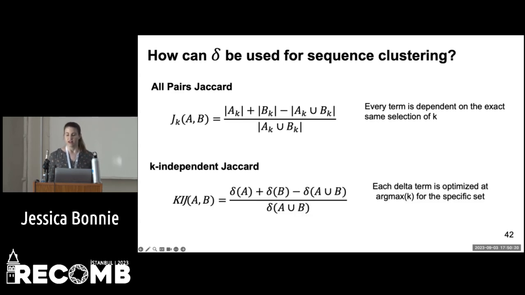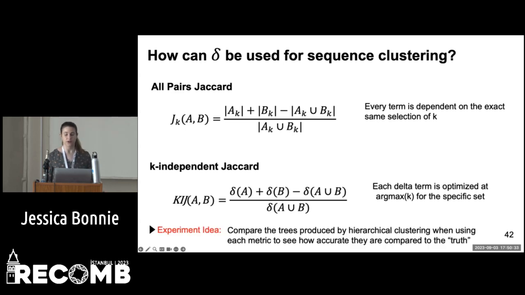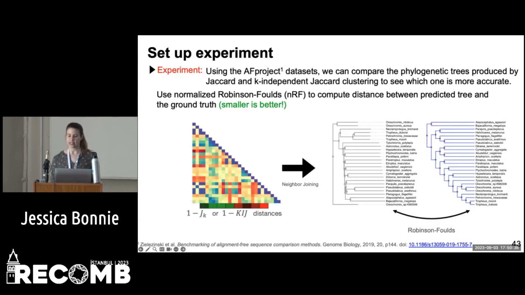Because the optimal values for each set are baked in, we don't need to worry about losing specificity due to our selection of K. Our next experiment relies on comparing trees produced by hierarchical clustering against a ground truth. So using the AF project databases, we compare the phylogenetic trees produced by our 2 clustering approaches to determine which is more accurate via the Robinson-Foulds distance.